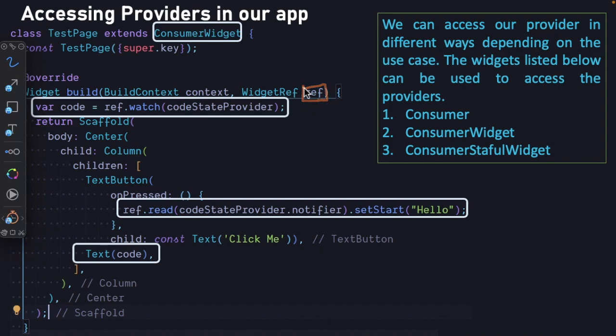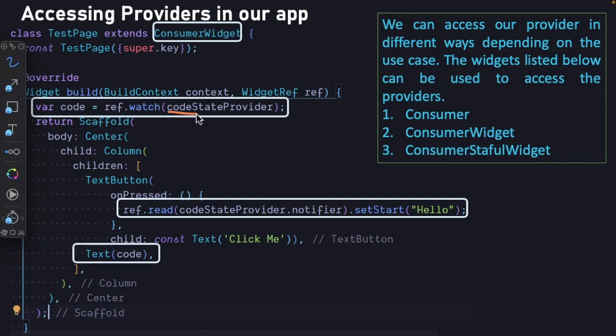We're going to be using this widget ref to access our providers. For instance, here we want to access the value of the provider that we just created in this example. And we need to be looking out for changes. So for that, we need to use ref.watch, and we watch our provider.